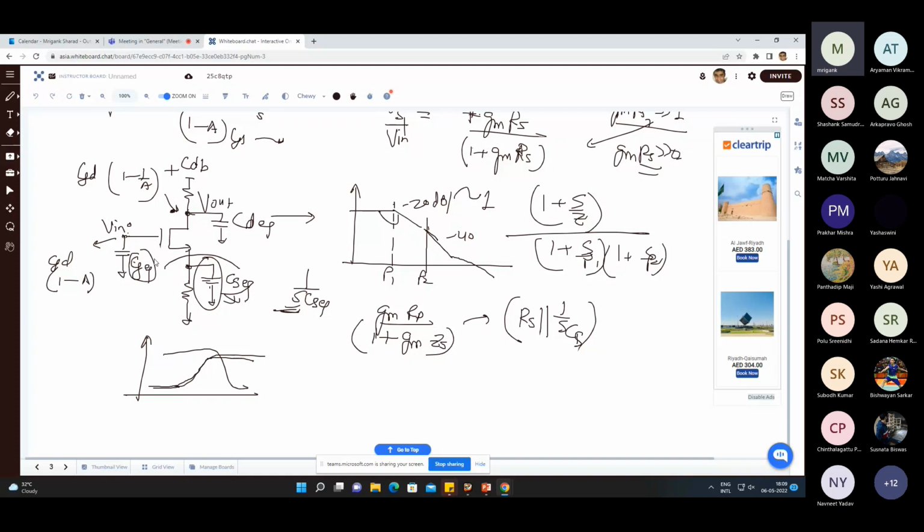Ultimately, a capacitance at this node leads to high pass behavior, because at higher frequency it is shorting the R and increasing the gain, and at lower frequency it is reducing the gain. So it is a high pass kind of circuit if you intentionally introduce a capacitance at the source. Is that clear?